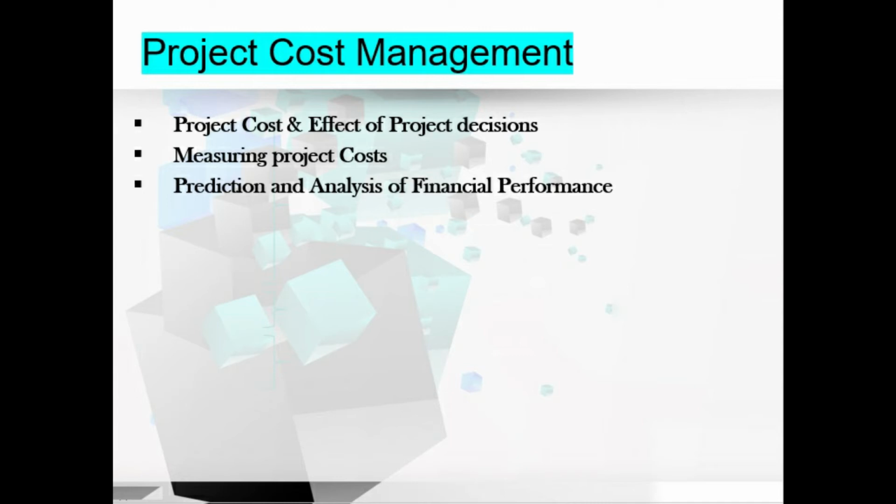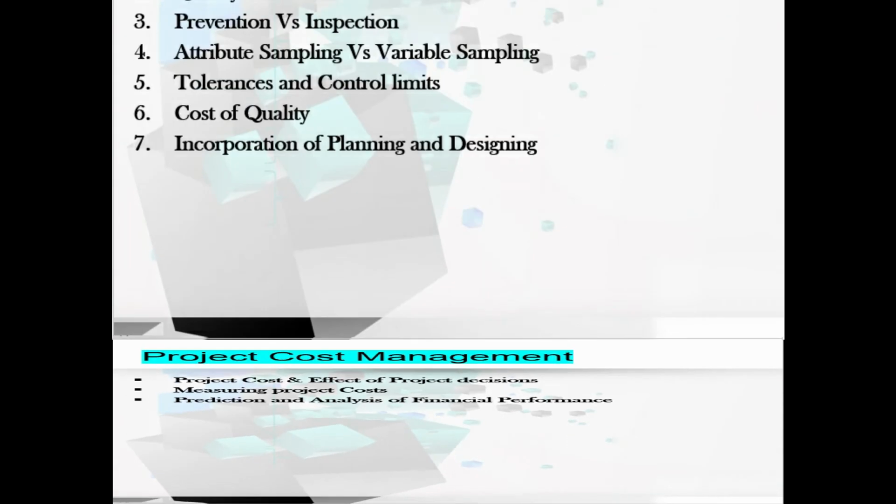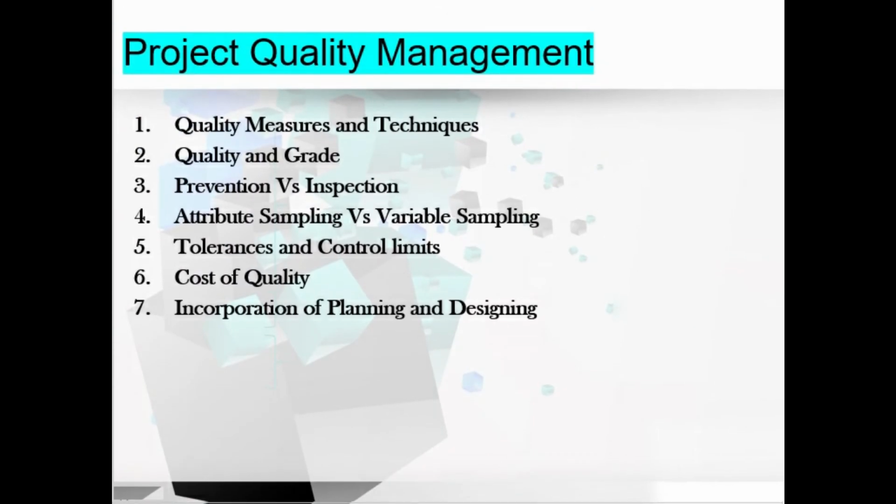Let's move to the next knowledge area, that is project quality management. The key concepts of quality management include quality measures and techniques, quality and grade, prevention versus inspection, attribute sampling versus variable sampling, tolerances and control limits, cost of quality, and incorporation of planning and designing.